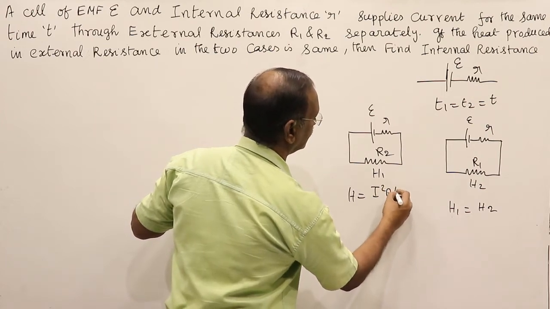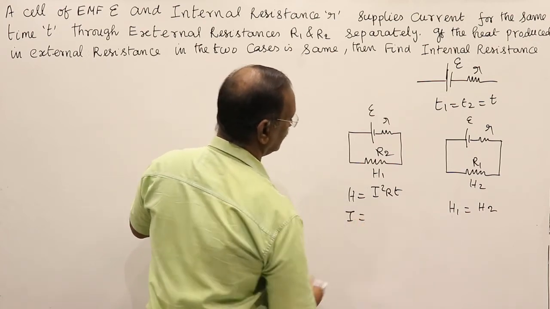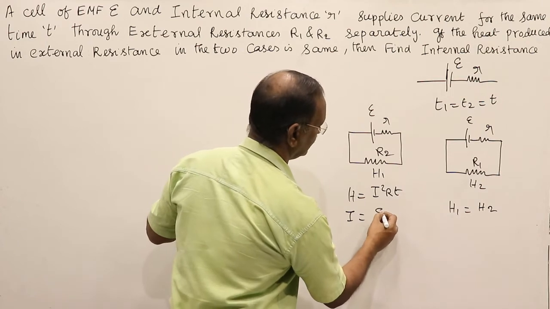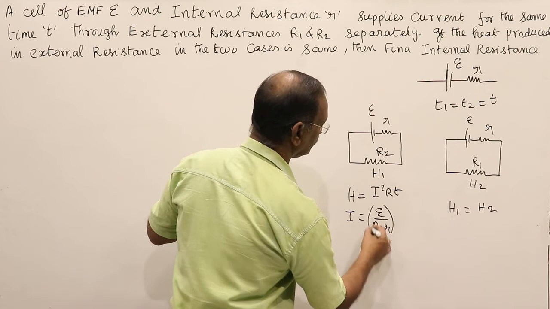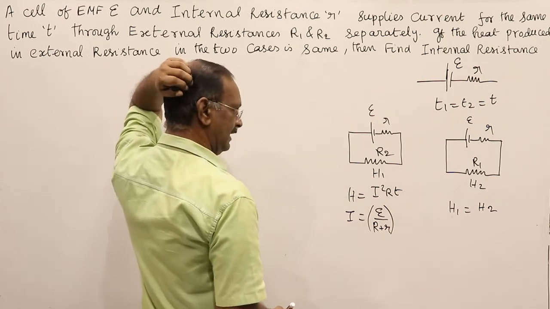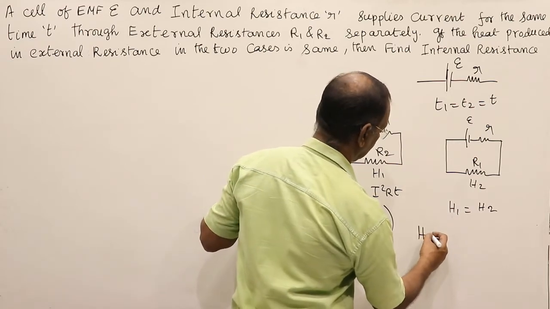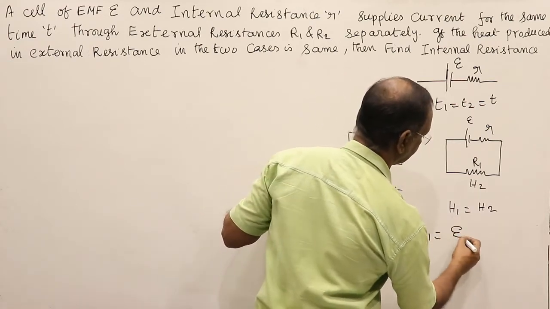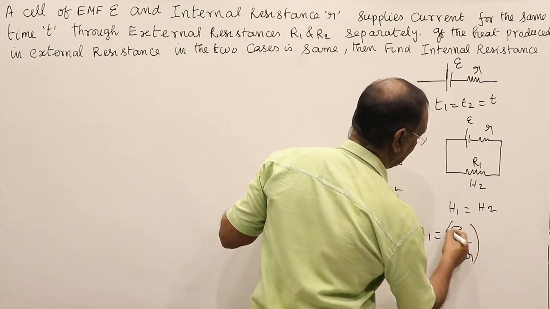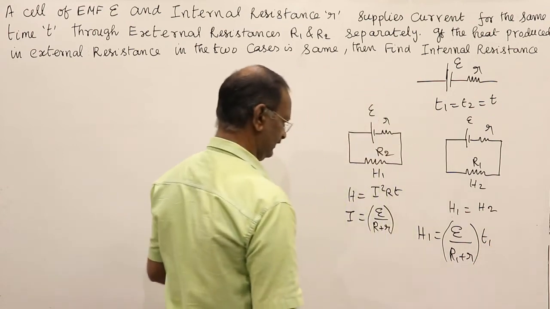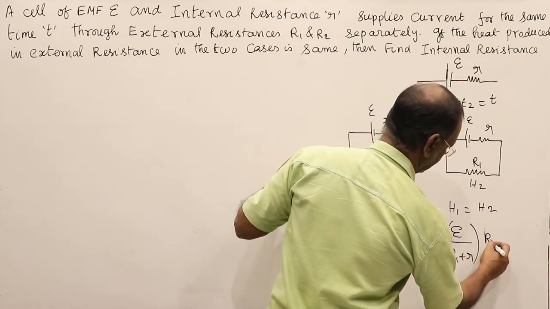We know H is equal to I square R T, where I is the current. What is the current? It is the total voltage divided by the total resistance. We can write it for H1. H1 is equal to I square R1 T, that is epsilon by R1 plus R whole square into R1 into T, since the EMF is the same.